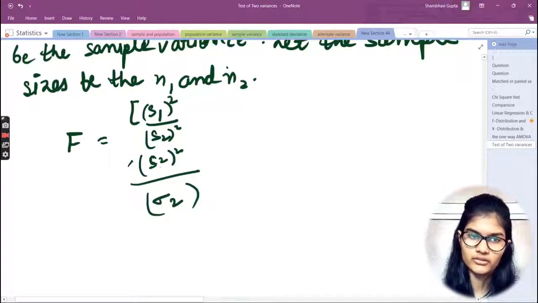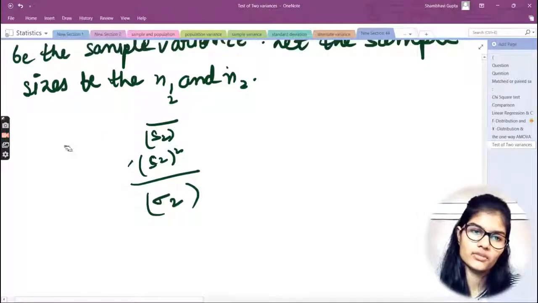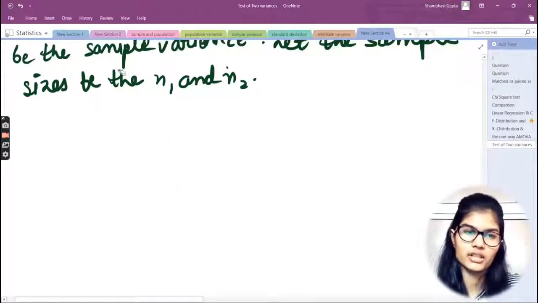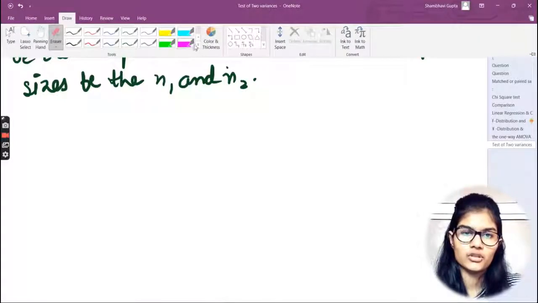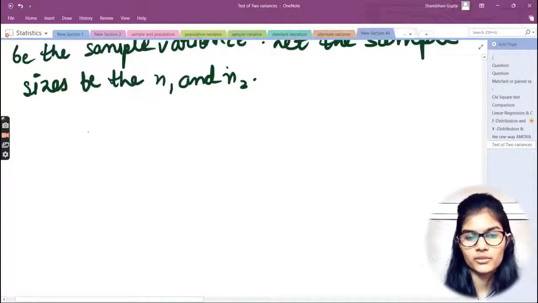So let me now clear out the complete formula and write it again. Here we go onto the draw, and I will put the formula first.